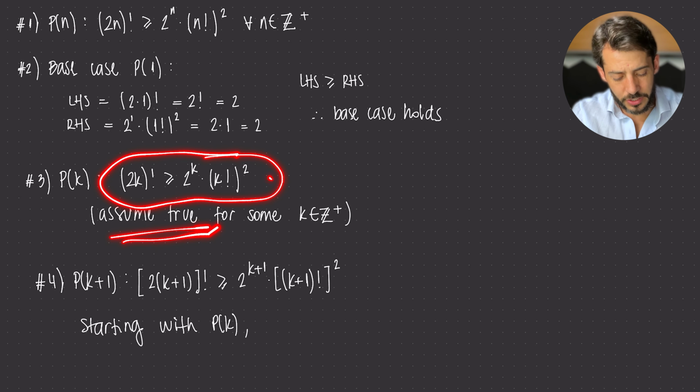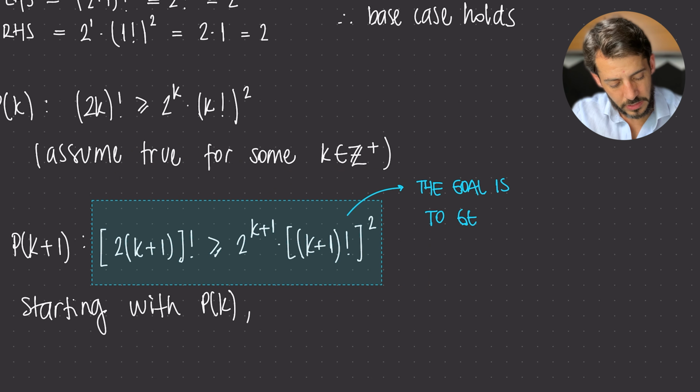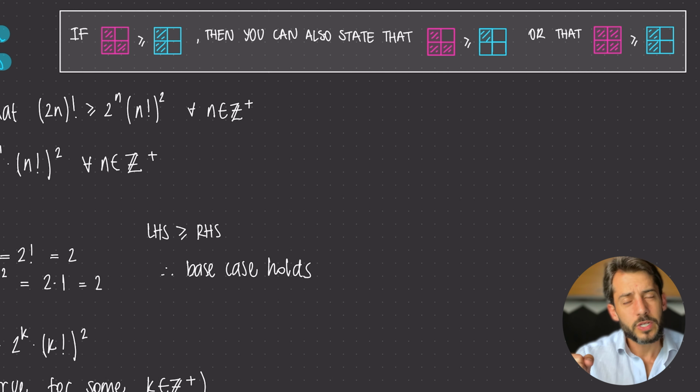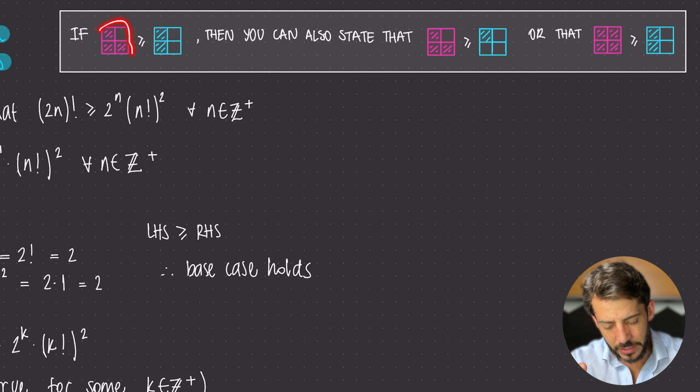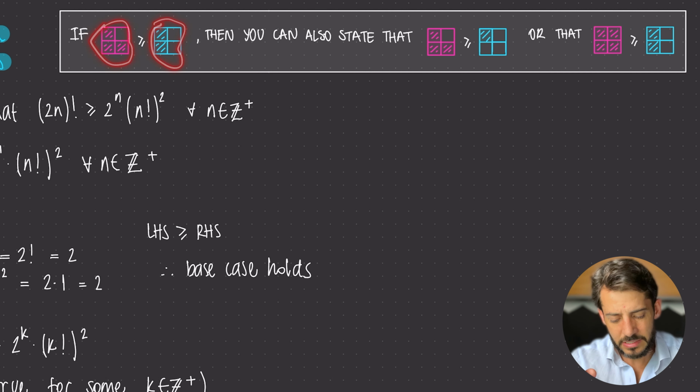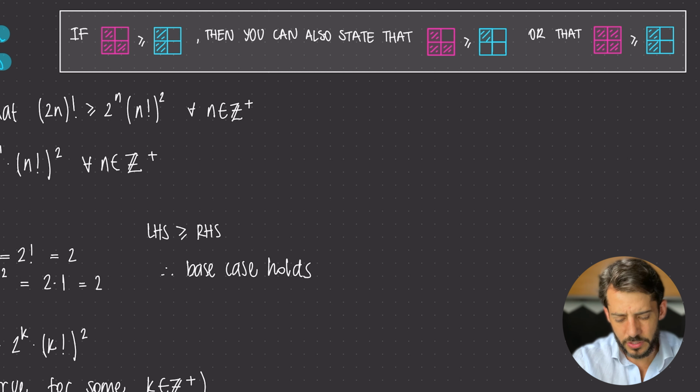So we're going to start here, and the goal is to get here, starting from P of k. Now the diagram is the following. Let's say you're dealing with an inequality and you have a bigger side and a smaller one. So let's just picture a few numbers here. Let's say that this is 3 and this is 2, represented by the little squares.